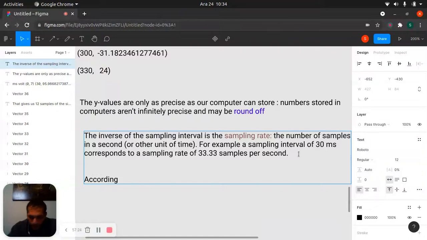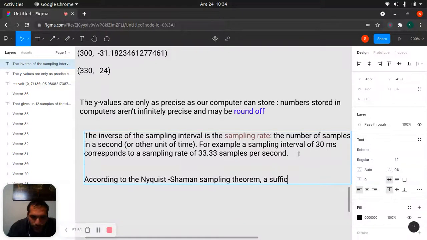According to the Nyquist-Shannon sampling theorem, I will look at it. We will look together.